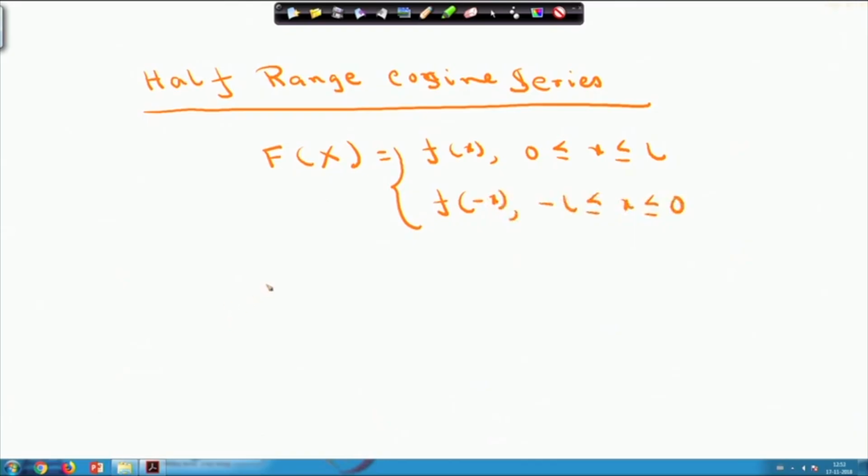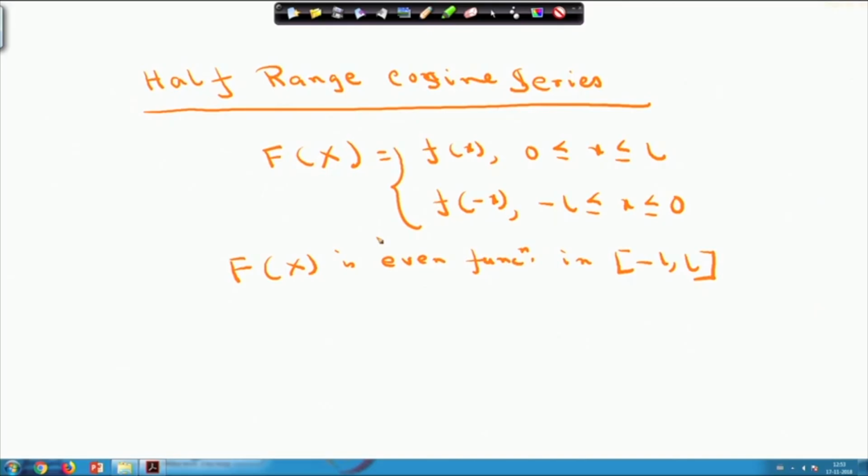So that f x is an even function in minus L to L. So, we are redefining the function capital F x, which is equal to f x in 0 to L, and f of minus x in minus L to 0.